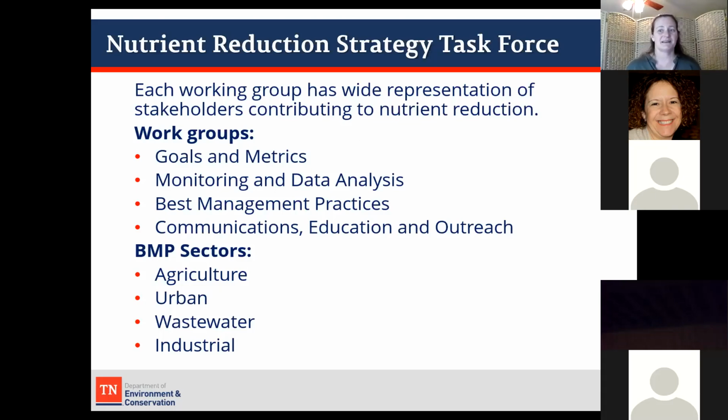We're hoping this can be kind of that landing spot where people can come and find links to all of the really good work for nutrient reduction that's happening for ag, for stormwater, for wastewater, for industrial. Just again, have an area where we're able to really brag about the good work that's happening, because right now there's not a place where we can show the progress that's happening in Tennessee.